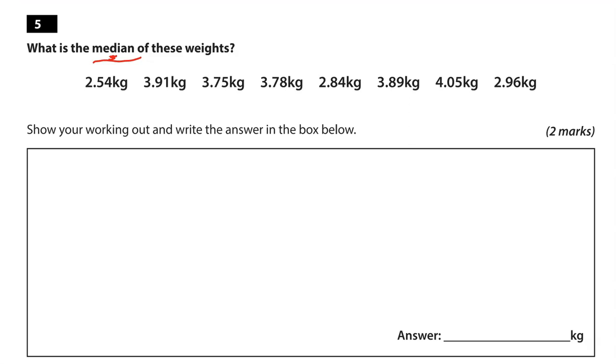So looking at the first digit of these numbers, we've got 2, 3, 3, 3, 2, 3, 4, 2. So we're going to start with the 2s. Which one is the smallest? Looking at the second digit, so we've got 5, 8, 9.